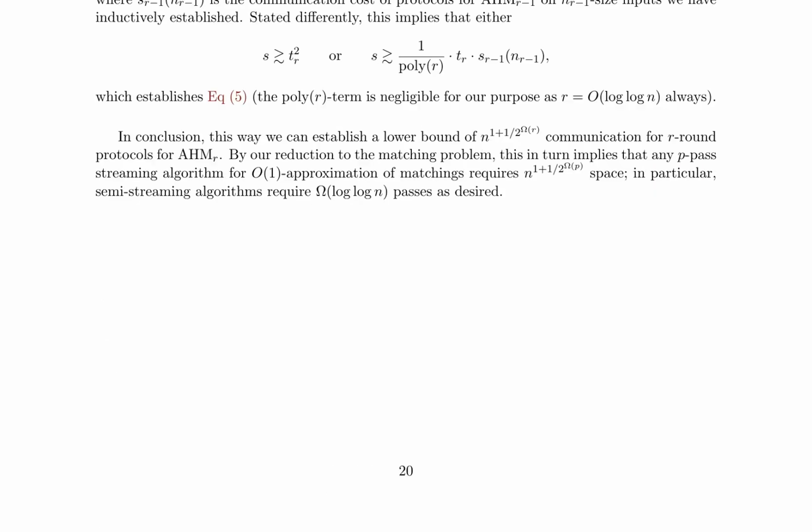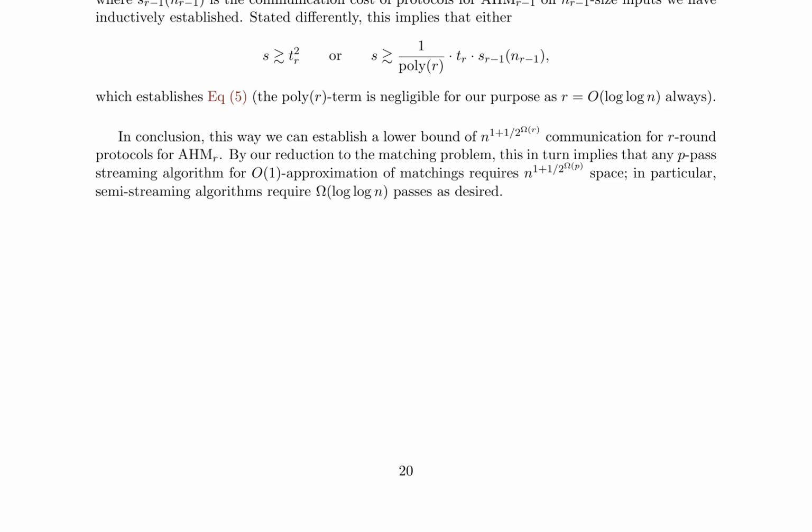After these steps, the authors obtain that as long as s is much less than t^2/r, the resulting (r-1)-round protocol pi_(r-1) for AHM_r1 succeeds with a non-trivial probability. Given the communication cost of pi_(r-1) is s/t poly(r), they obtain that either s is at least t^2/r or s is at least n^(1+Omega(1/r)), which establishes the desired lower bound of n^(1+Omega(1/r)) communication for r-round protocols for AHM.